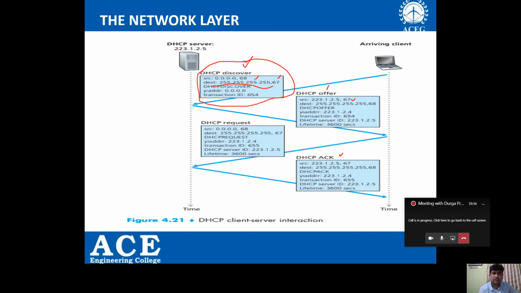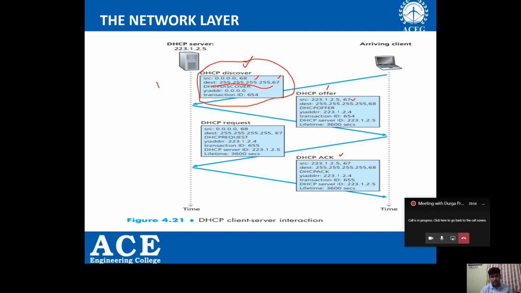Then the client puts a request saying that please allot me that particular IP address, and finally the server confirms that you are being assigned the following IP address.